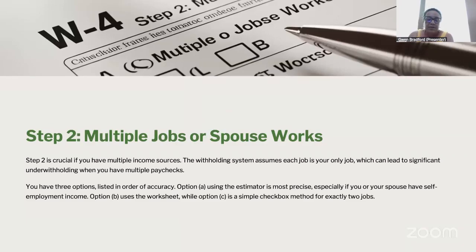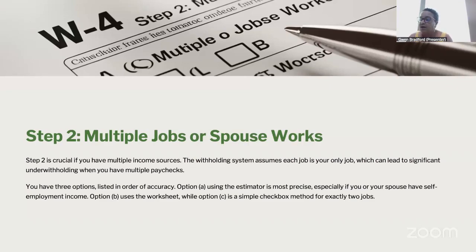Now the next step is step 2, where you have multiple jobs or your spouse works. In this particular section, you want to make sure that you're being taxed accordingly, so you don't owe a lot of money.